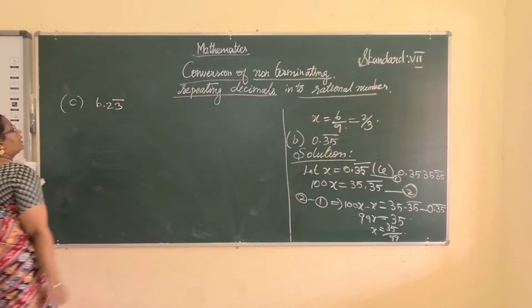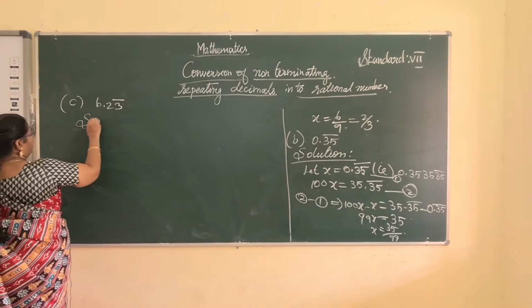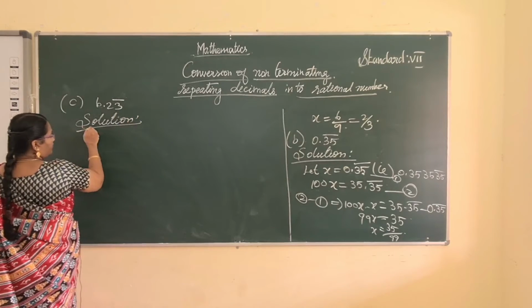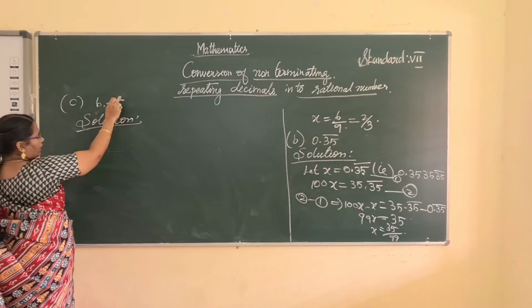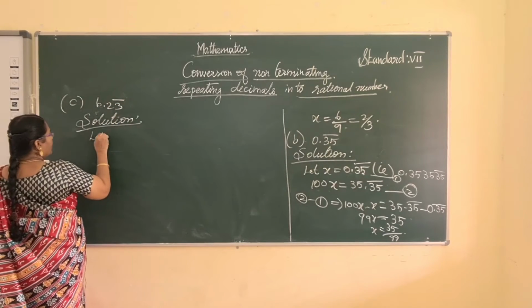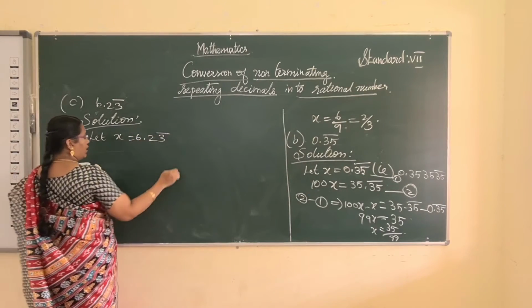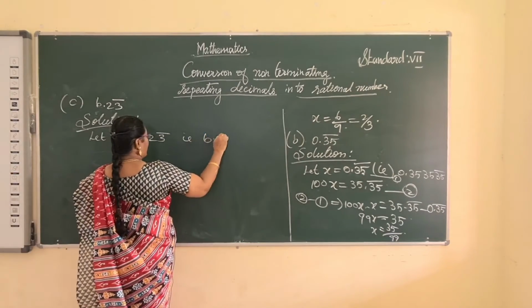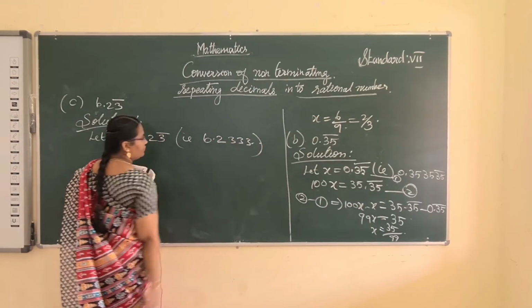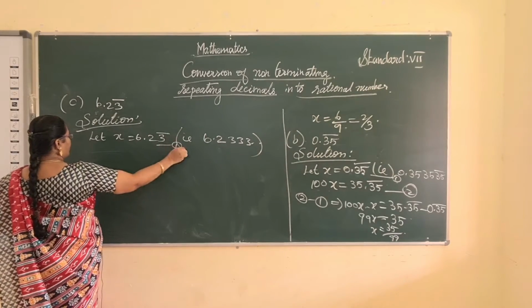Here only 3 is the recurring number, in 6.23 bar. First let x equal 6.23 bar, that is 6.2333, equation number 1.